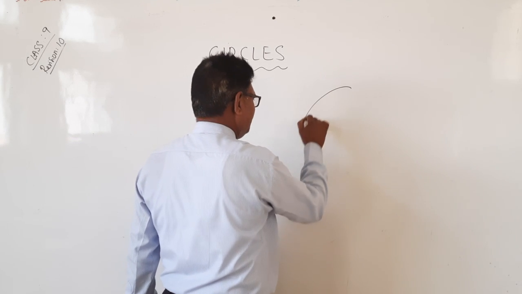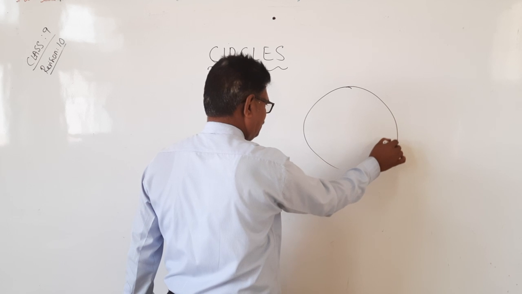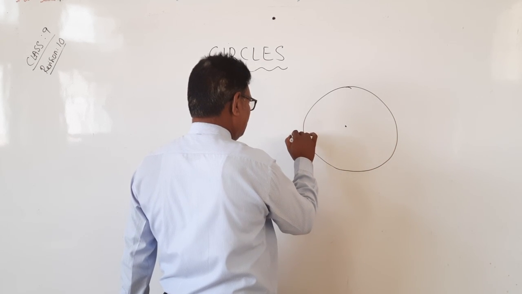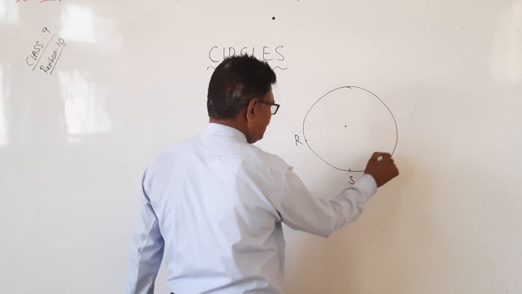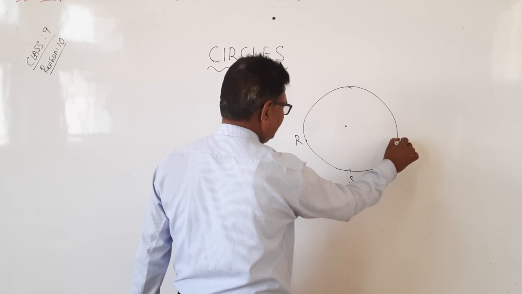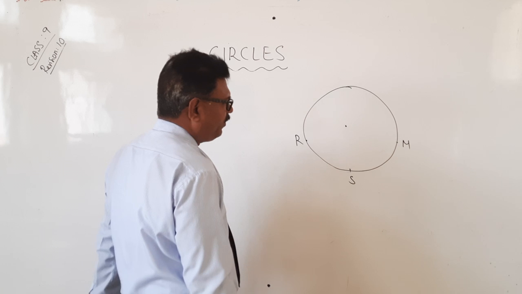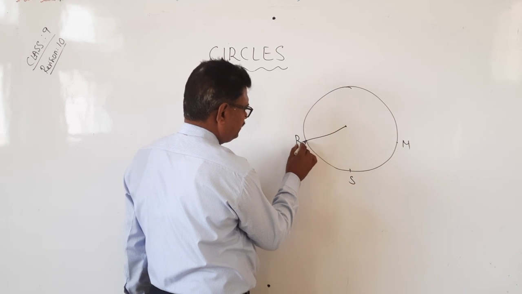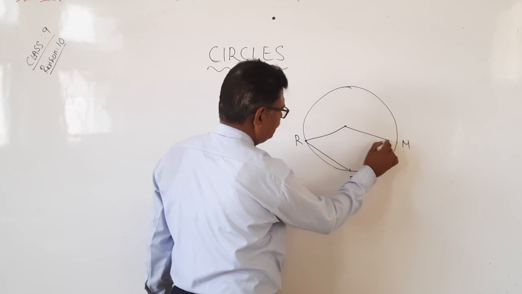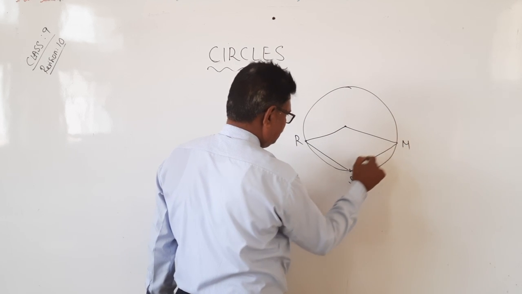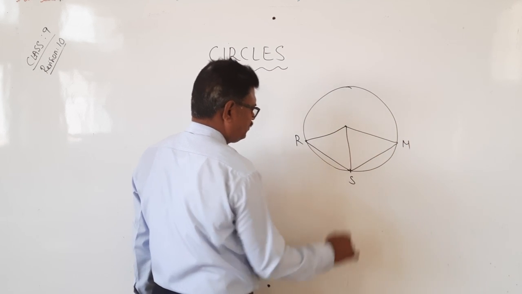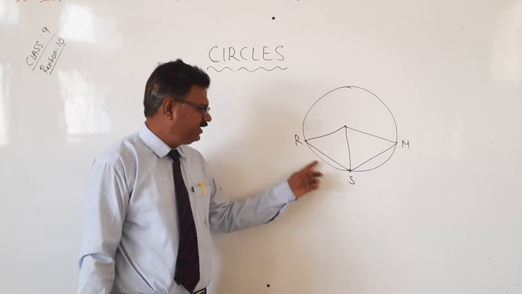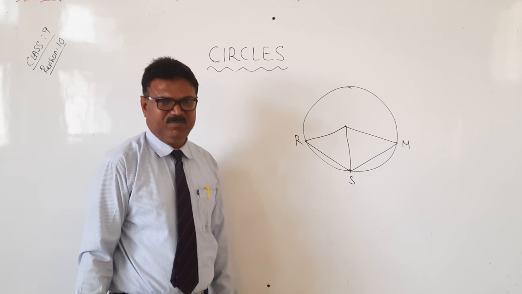Very interesting problem. Rashmi, Salma and Manidi are playing on a circle.